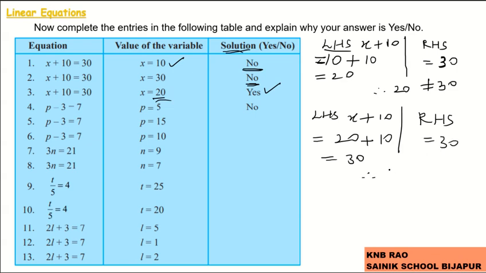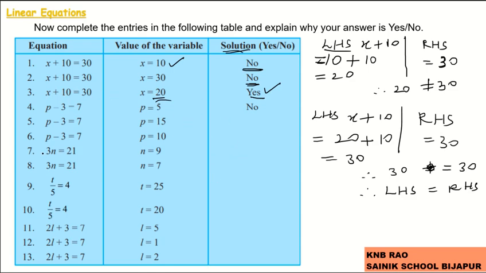Therefore 30 equals 30, so LHS equals RHS. For that reason x equals 20 is the solution. Yes, we said so because x equals 20 is the solution of this equation x plus 10 equals 30.